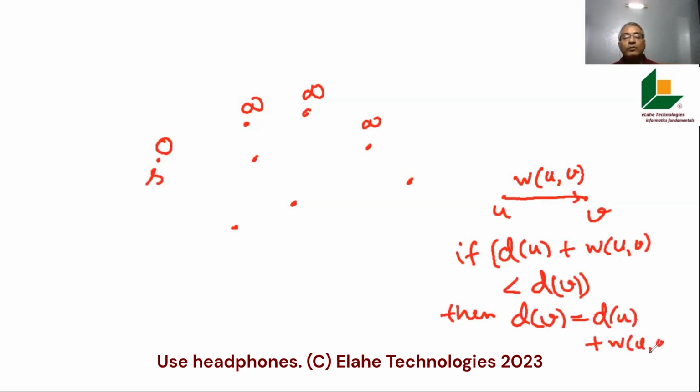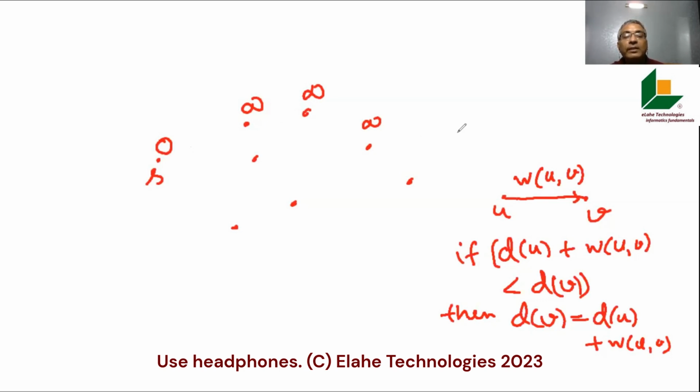If you apply this on this graph, I have not shown the edges; there are an arbitrary number of edges across various vertices. The initial scenario is something like this: d(s) is 0, and all the other d values are infinity.